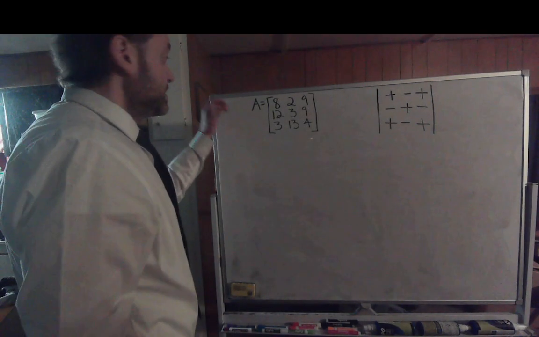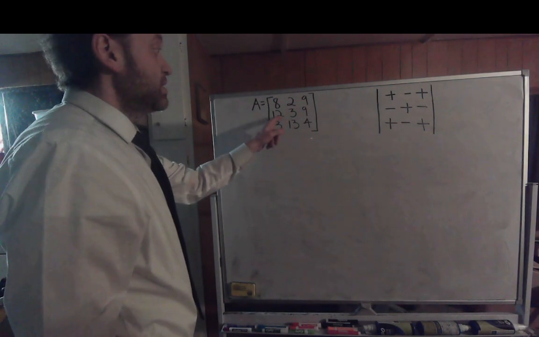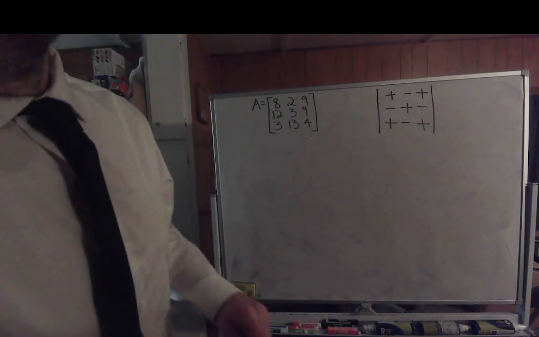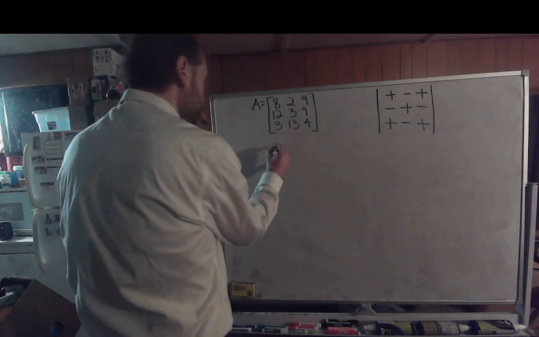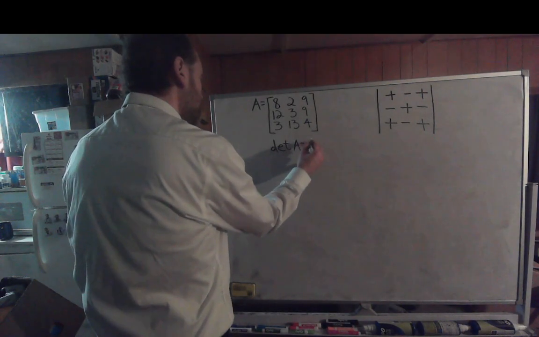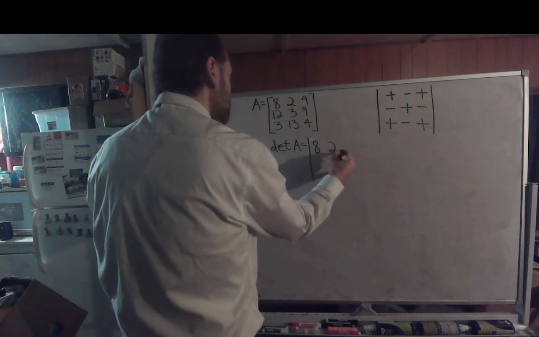But this matrix has entries 8, 2, 9, 12, 3, 9, 3, 13, and 4. So let's go ahead and find the determinant of this matrix. So set up your determinant notation for this.